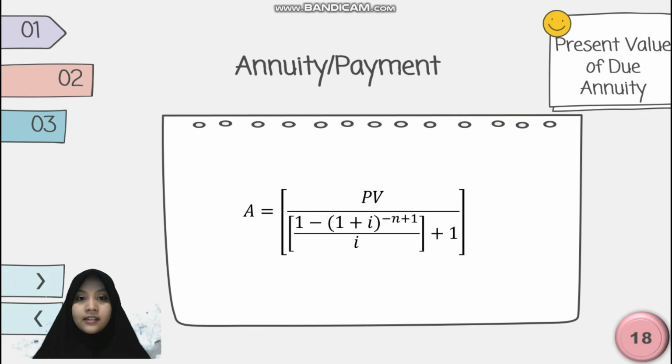And then from the formula to find the present value of the annuity, we can get the formula to find the annuity or payment. The formula is A equals present value divided by ((1 minus (1 plus I) to the power of negative (n plus 1)) divided by I, plus 1).